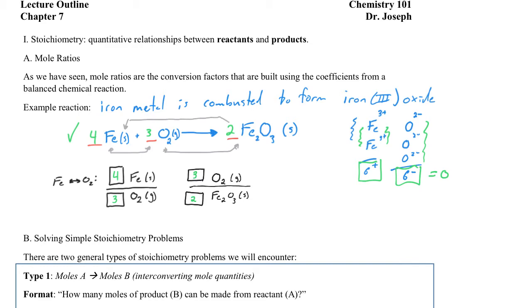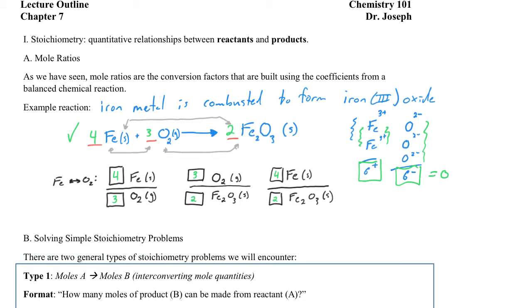We can also write a conversion factor between iron and iron oxide. So again, the missing spaces here just represent the coefficients in the balanced chemical reaction. So we have the coefficient 4 in front of iron and the coefficient 2 in front of iron oxide.